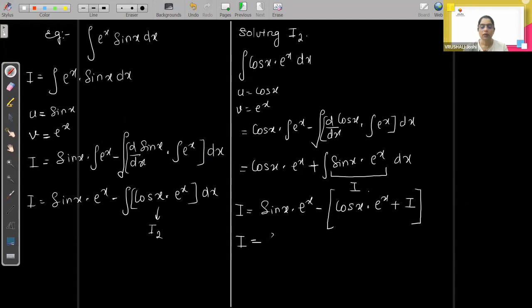I is equal to sin x into e to the power x minus cos x into e to the power x minus I. Correct? This I and this I we can get together.